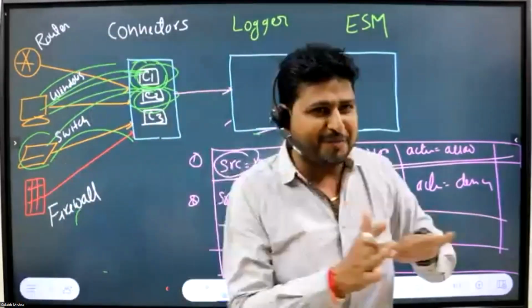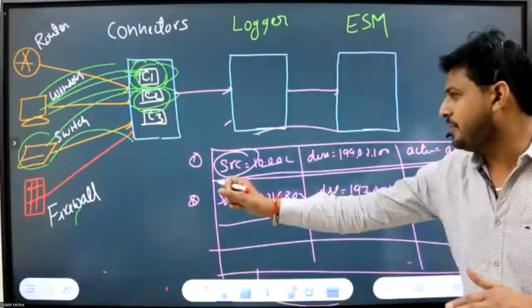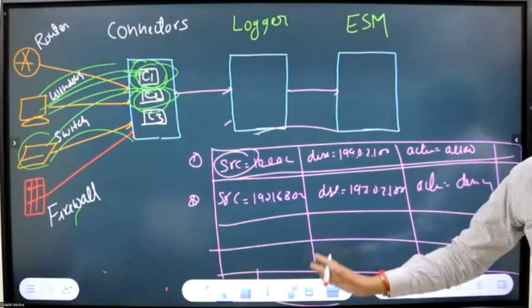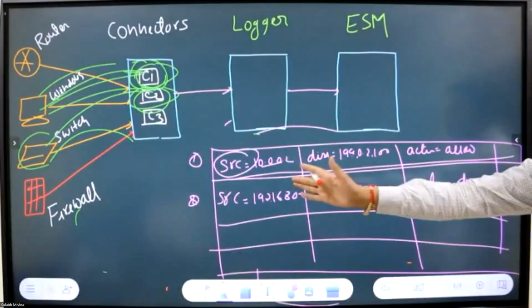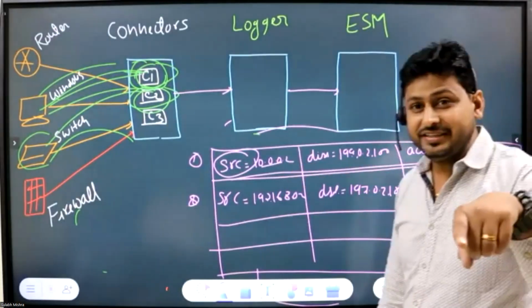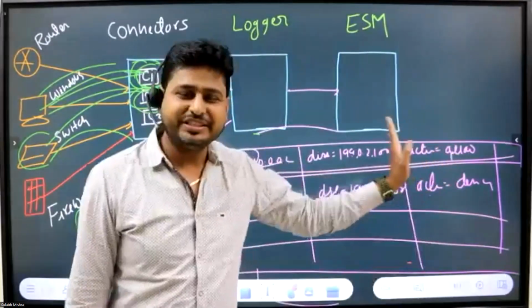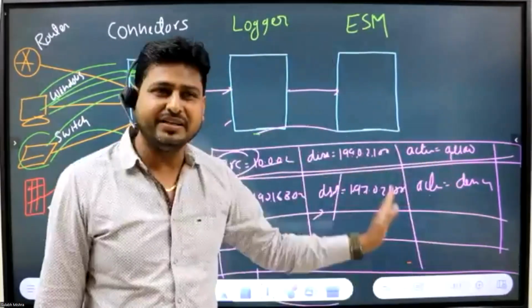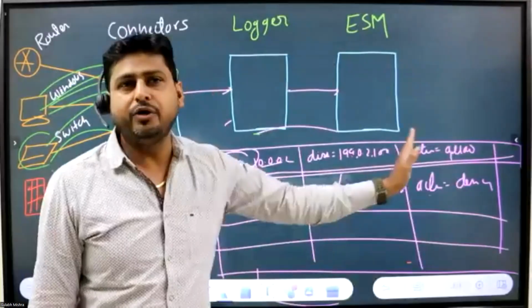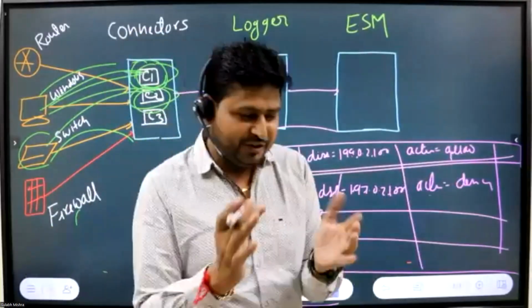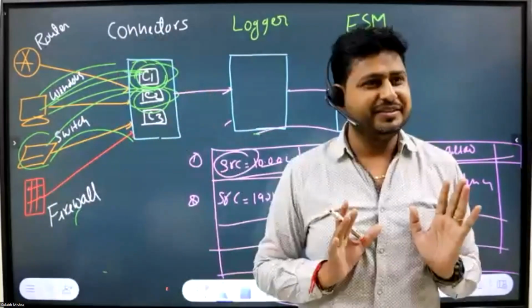Parsing means proper format, proper breakdown of the logs into columns. In parsing, it does not change the field name. It just formats properly, breaking down the event into columns so that you have better visibility. Yes or no?